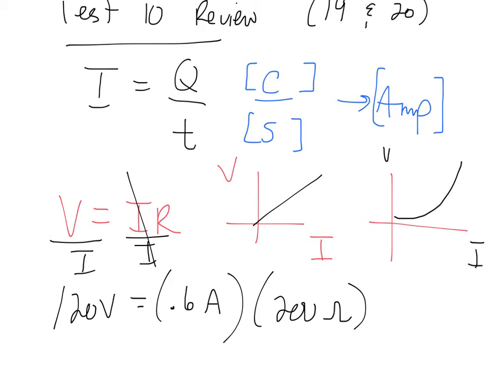Let's see what else I want to talk about. We talked about the speed of electrons and things that are traveling through a circuit. What can you tell me about those speeds? Like how fast do the electrons move in a circuit?